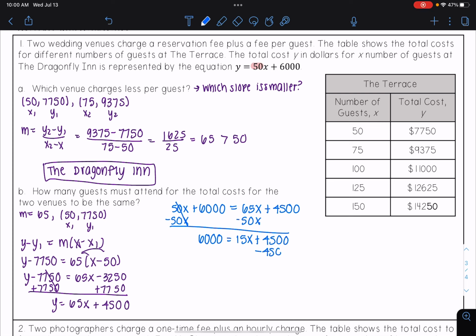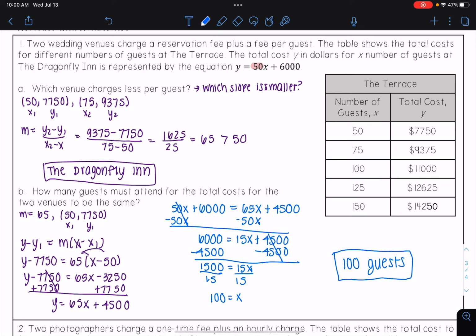Subtract 4,500 from both sides. And I get 1,500 is equal to 15x. Divide by 15 and get 100 is equal to x. So that means that 100 guests need to attend.